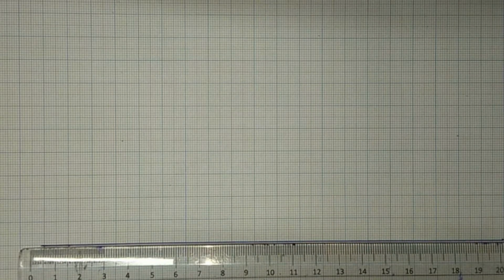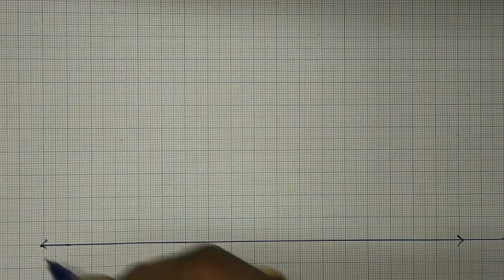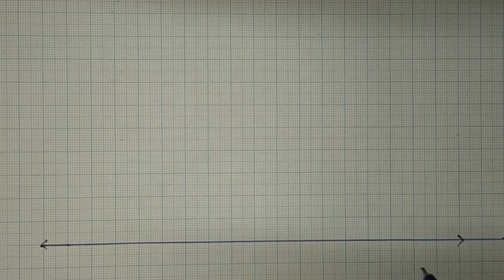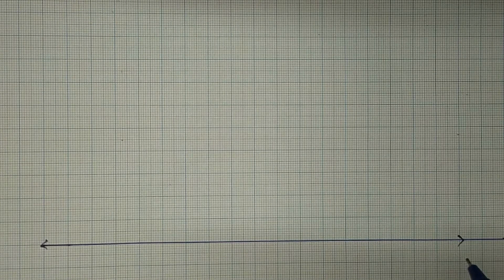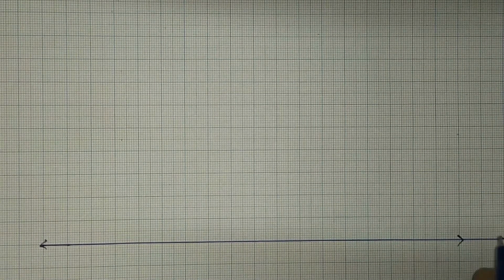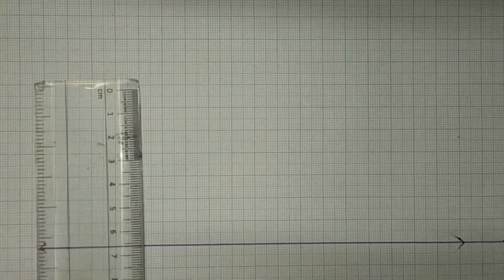and this horizontal line I will name as x axis or horizontal axis. Later we will draw a vertical axis.